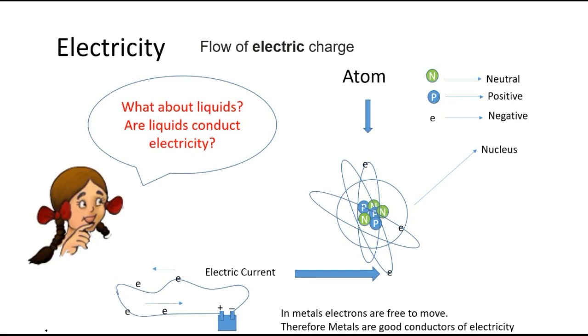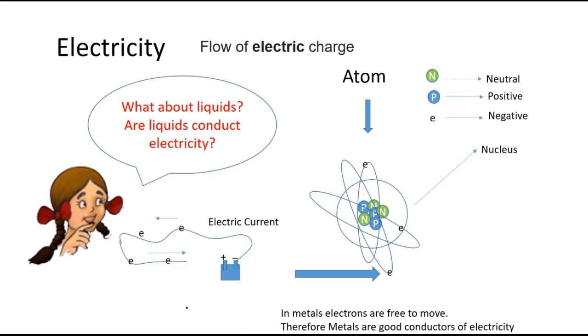What about liquids? Do liquids conduct electricity? We can use the same arrangement to test whether liquids are good conductors of electricity or not. And how can we do that? Just open this circuit and connect an extra wire here. Put them into the beaker where you have already put a few drops of lemon juice and mixed it with water.